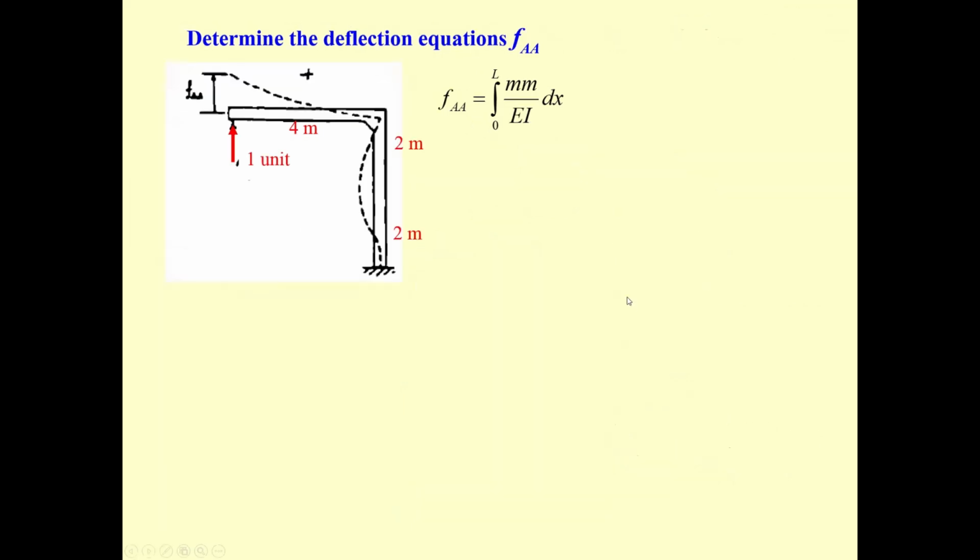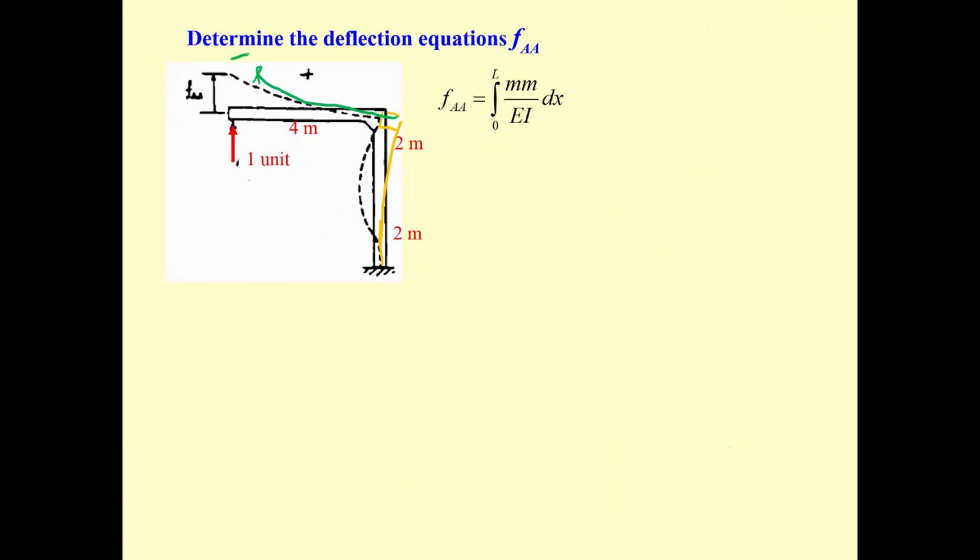Now, for this one, F sub A, and the elastic curve is not correct. It's supposed to be something like this one. And keep this one rectangular. And then you should have this kind of deformation.